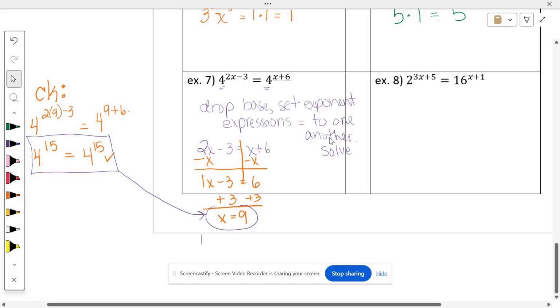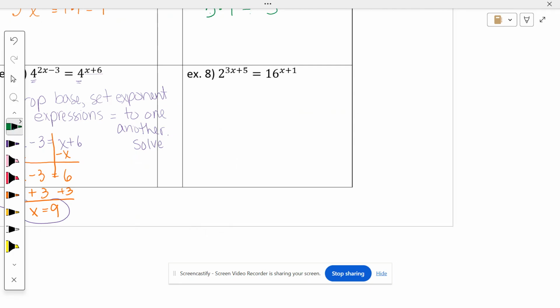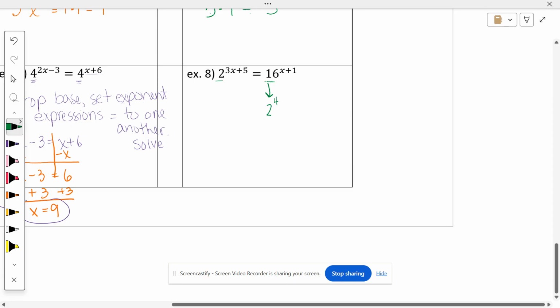So in these last two examples, we're solving for x. Example number 8 is a little bit different because the bases are not the same. However, 16 can be written as a power of 2. 16 is the same thing as 2 to the 4th power, but it's being raised to the power of x plus 1.